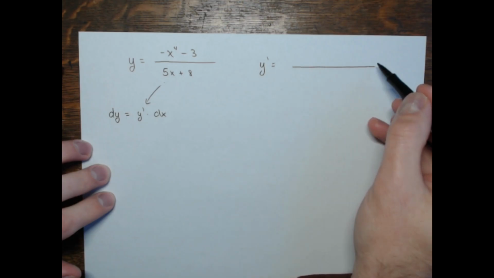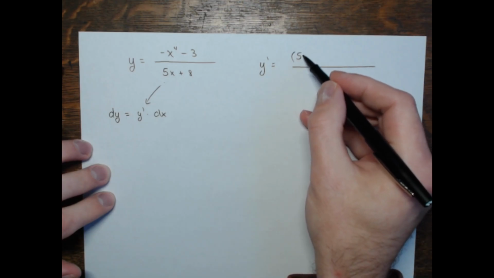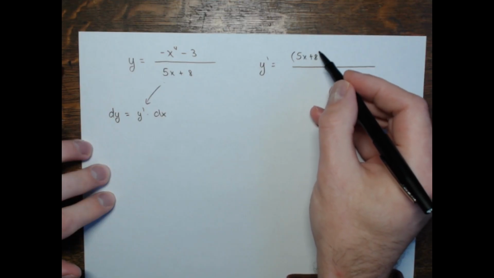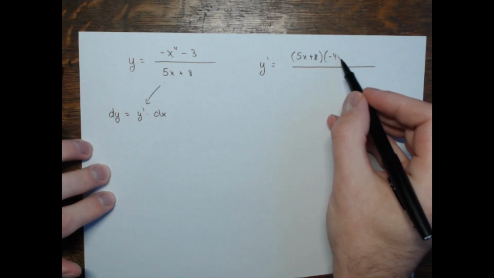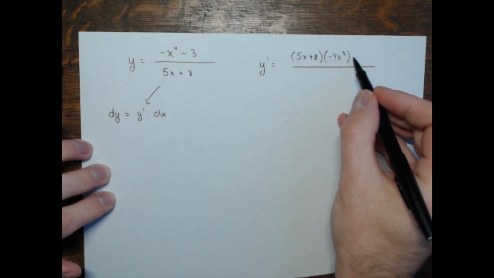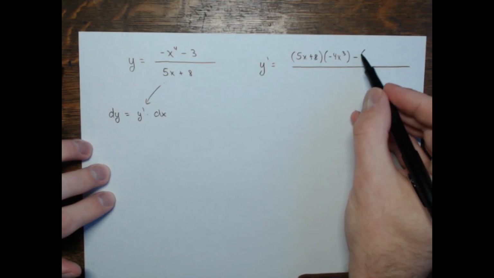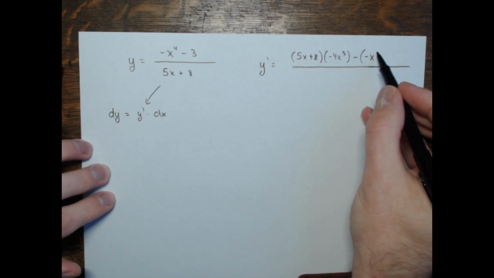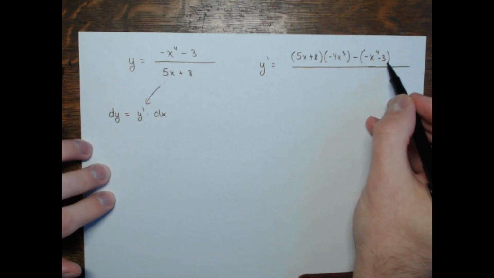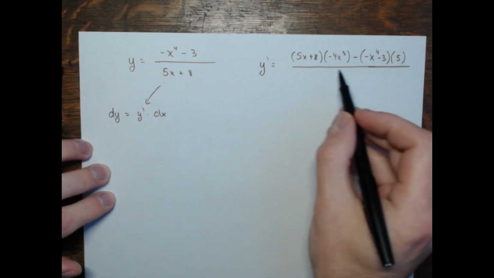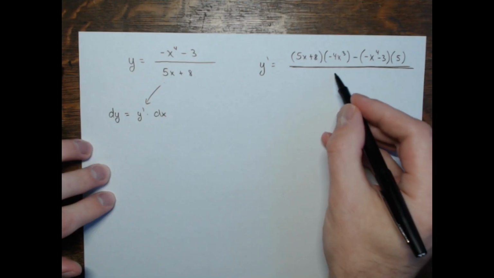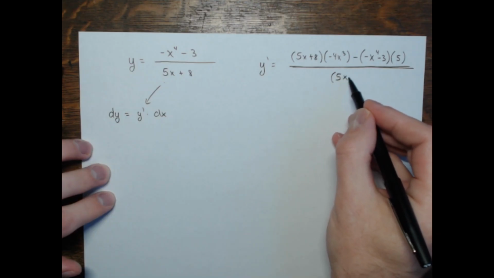It's the quotient rule. The denominator times the derivative of the numerator will be negative 4x cubed. Then minus the numerator times the derivative of the denominator, which is just 5. Then all that divided by the denominator squared.